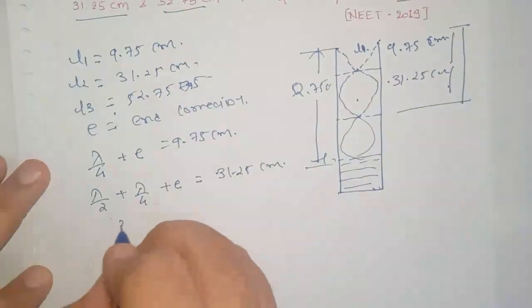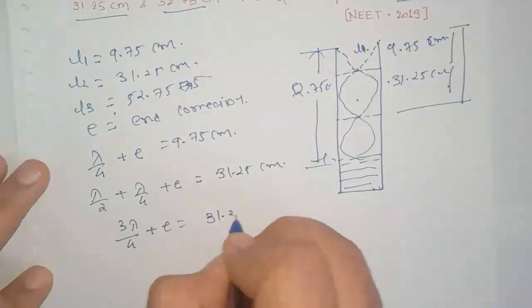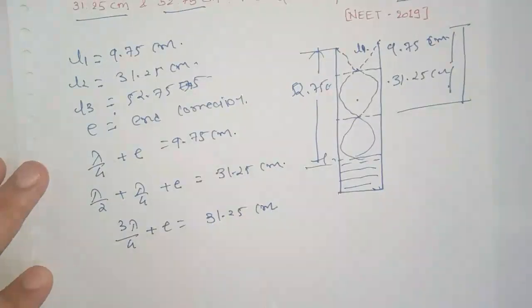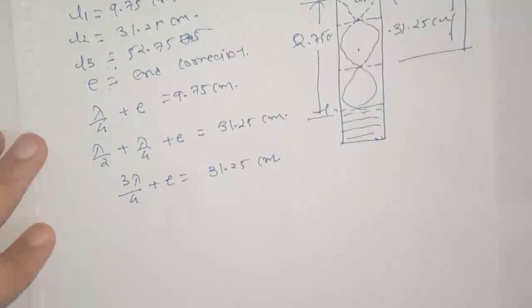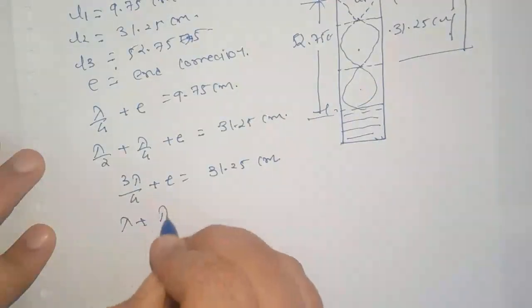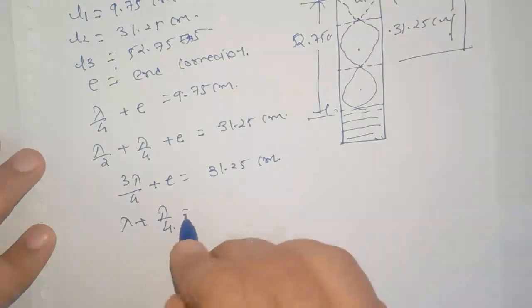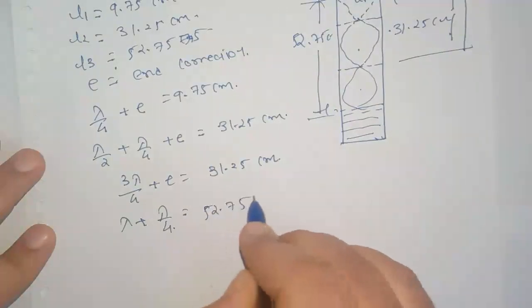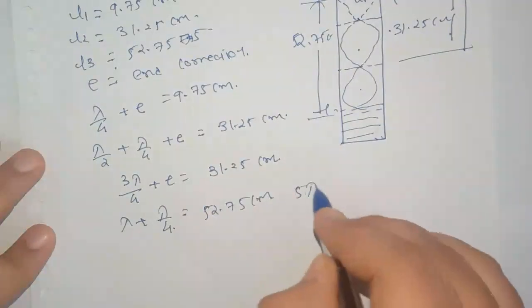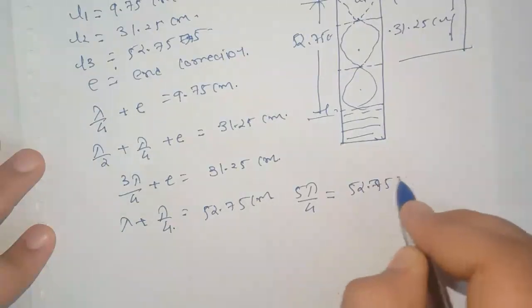That is 3 lambda by 4 plus E is equals to 31.25 centimeter. For the third case, we can write lambda plus lambda by 4 is equals to 52.75 centimeter. That is 5 lambda by 4 is equals to 52.75 centimeter.